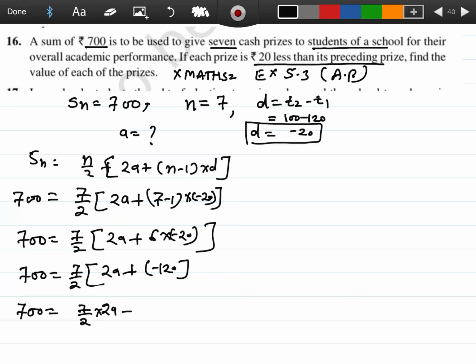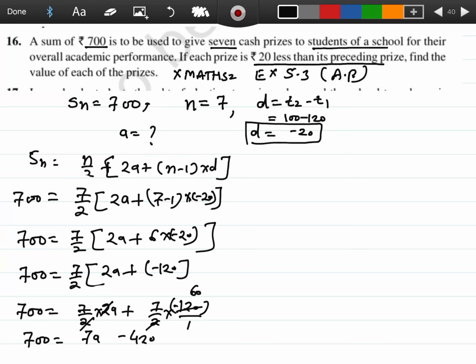So when we open the bracket, 700 is equal to 7 by 2 into 2a plus 7 by 2 into 6 into minus 20.